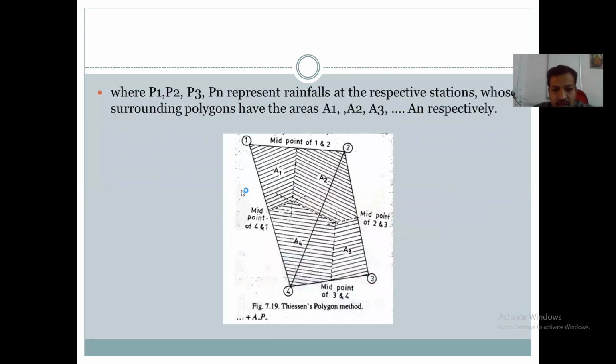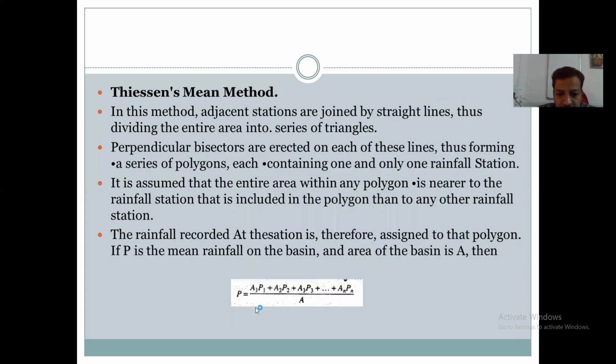Then the rainfall data recorded by rain gauges at each rain gauge station is denoted by P1, P2, P3 up to Pn, and the areas at each rain gauge station are denoted by A1, A2, A3 up to AN, and that is kept in this formula.